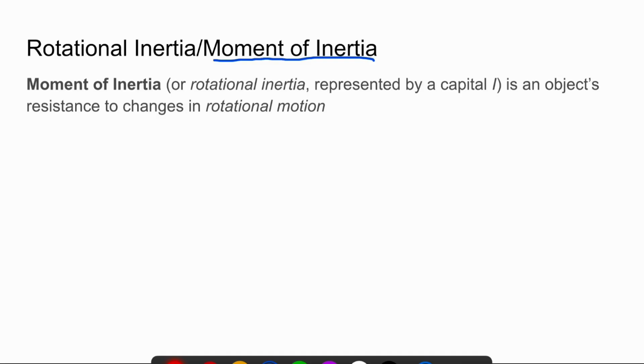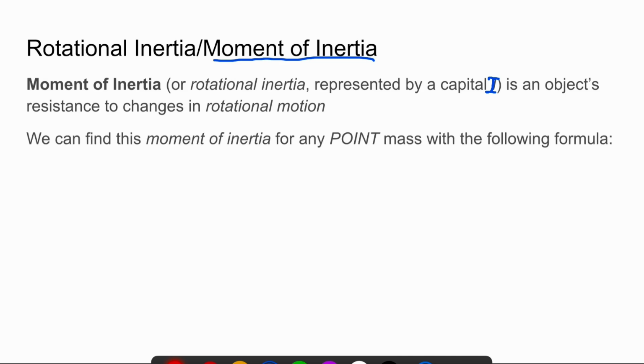Moment of inertia, or rotational inertia, is represented by a capital I, and it is an object's resistance to changes to its state of rotational motion. We can find this moment of inertia for any point mass with the following formula: the rotational inertia, or I, at that point is the mass of that point times the radius of that point from the axis of rotation squared.